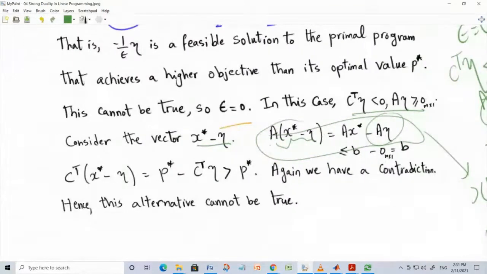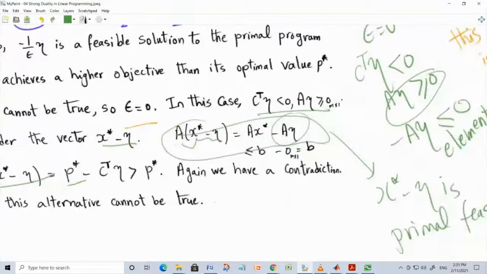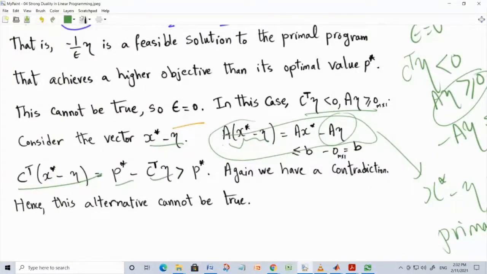What about C transpose times x star minus eta? C transpose x star is b star minus C transpose eta. But C transpose eta is strictly negative, and so b star minus C transpose eta is strictly greater than b star.